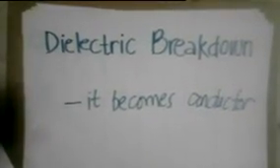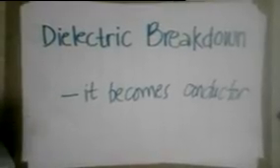Now let's go to dielectric breakdown. Dielectric breakdown takes place when a dielectric material is subjected to a sufficiently large electric field. And when dielectric breakdown happens, the dielectric becomes a conductor. Now how does this happen?